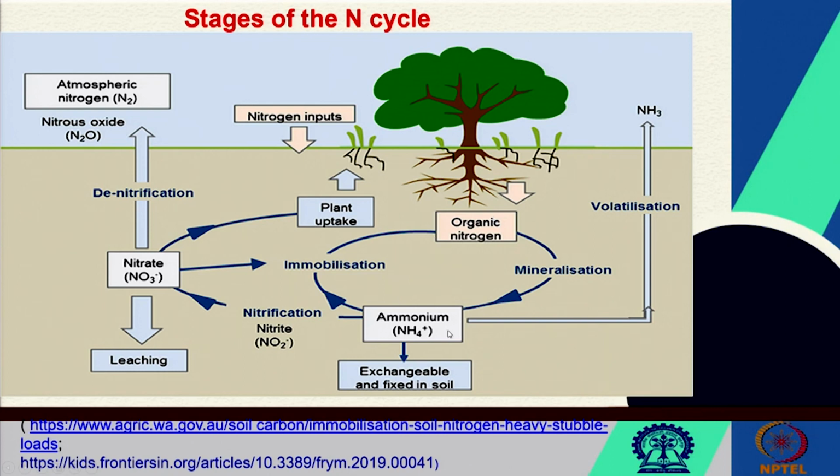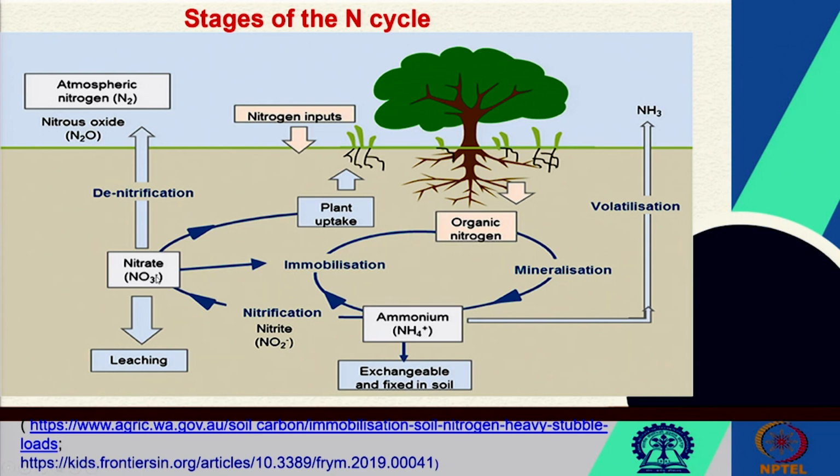Some amounts of ammonium nitrogen will convert to nitrite as well as nitrate through the process of nitrification, and you know that there are several bacteria which are responsible. From ammonium to nitrite, Nitrosomonas is responsible, and from nitrite to nitrate, Nitrobacter is responsible.